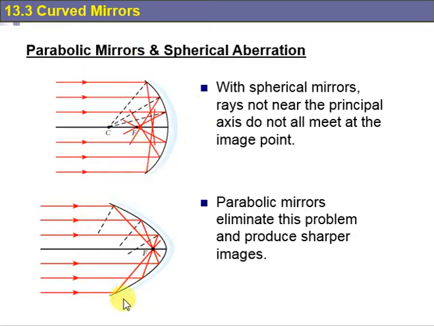Here it is a section of a parabola. So whether the rays are far or near to the principal axis, they all pass through F after reflection. So parabolic mirrors eliminate this problem and produce a sharper, clearer image.